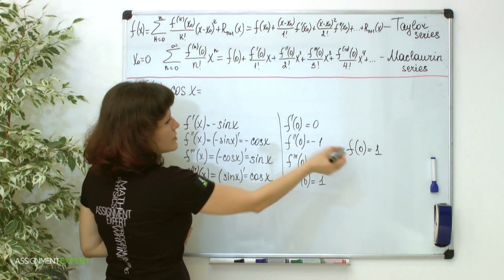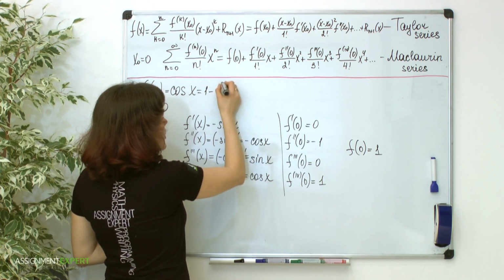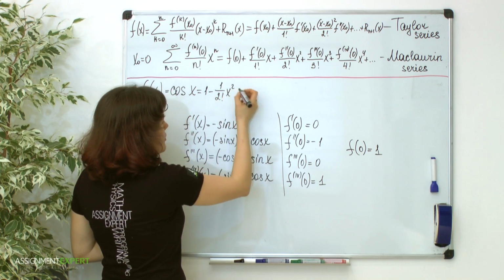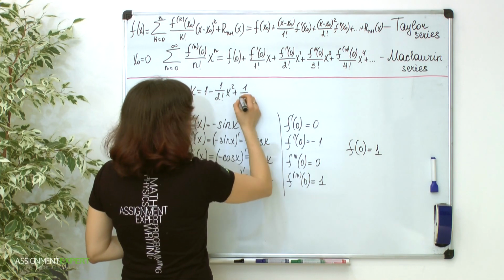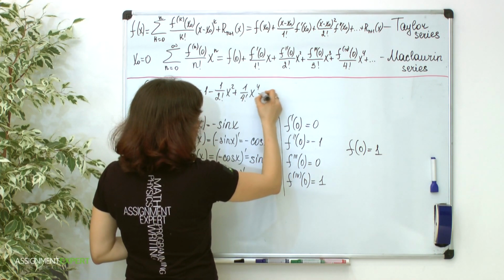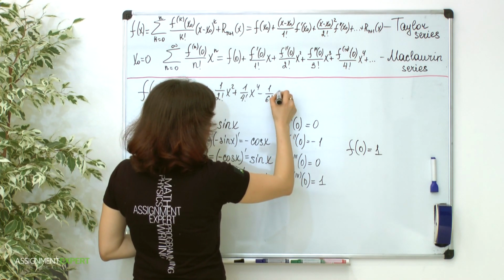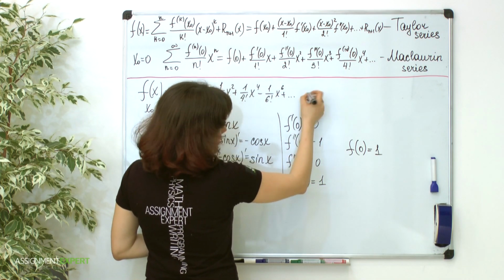Cosine of x equals 1 minus 1 over 2 factorial times x squared plus 1 over 4 factorial times x raised to the fourth power minus 1 over 6 factorial times x raised to the sixth power plus and so on.